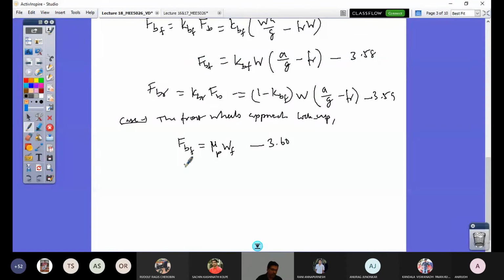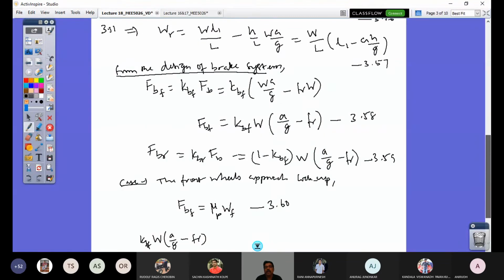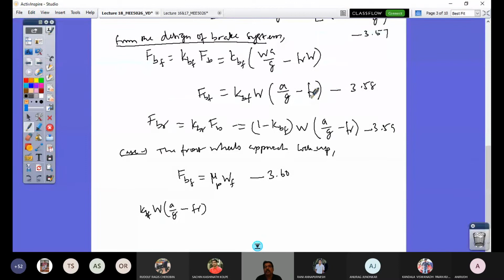So your 3.60 equation would become, from the equation above, on this side KBFW into A by G minus FR, right? So look at what that is: KBF W A by G minus FR.